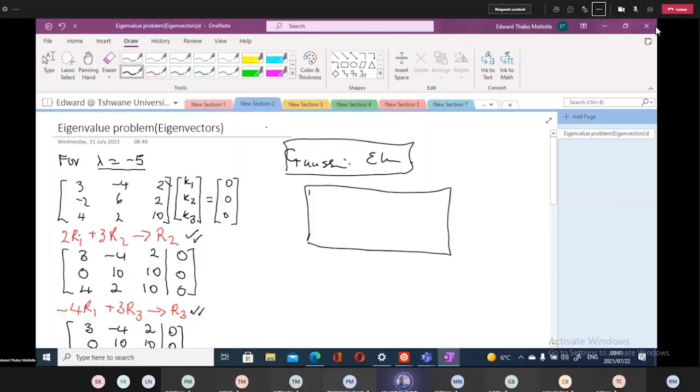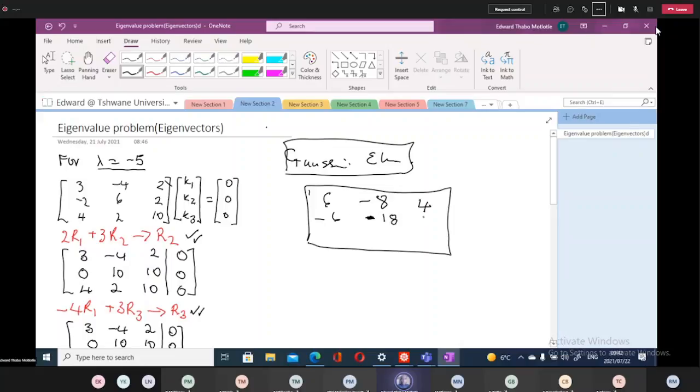I multiplied equation 1 by 2. This means it's going to give me 6 minus 8 and 4. And I multiply equation 2 by 3. So this is -6, plus, even if I don't put plus, it's okay. So 6 multiplied by 3, it will be 18.